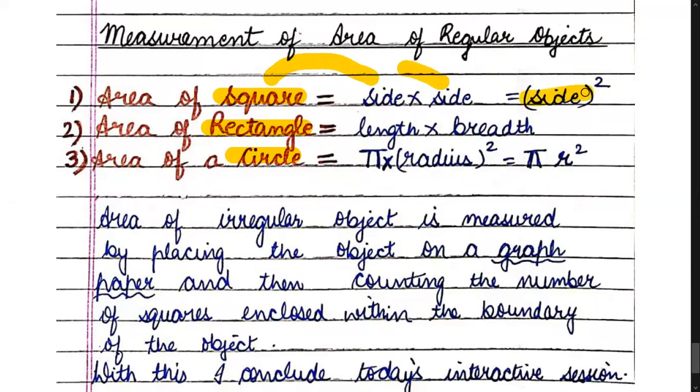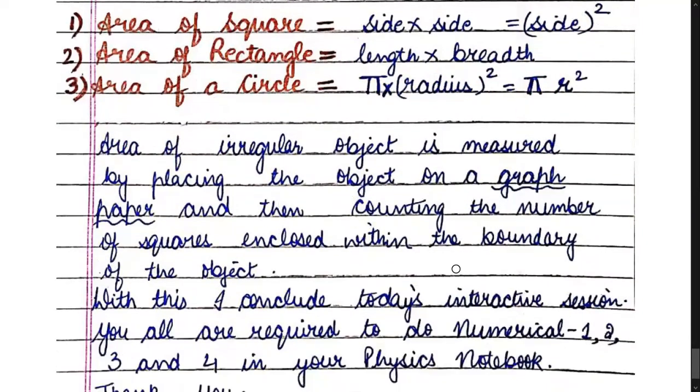So we can say the area of square is side square, while the area of rectangle is length multiplied by breadth, and area of circle is pi multiplied by square of radius, pi r square.